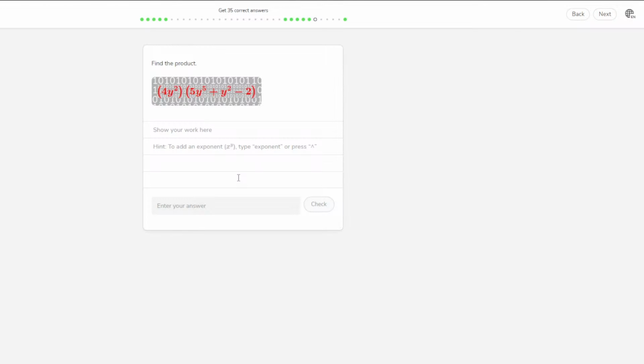4y to the second times 5y to the fifth plus y to the second minus 2. It's 20y to the seventh plus 4y to the fourth minus 8y to the second.